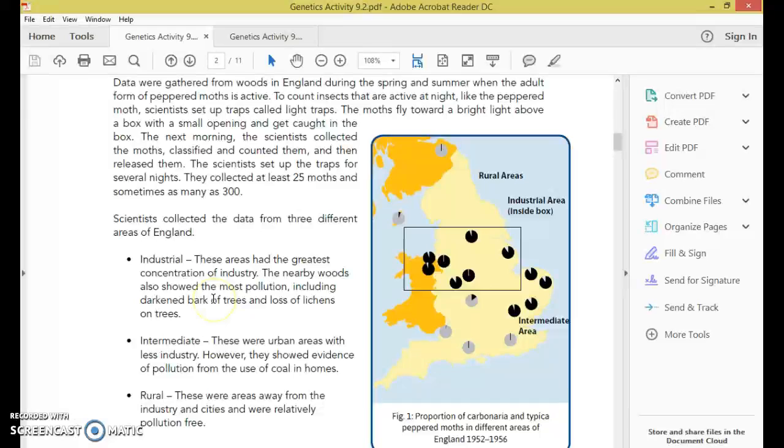And then on your making sense side, I'm hoping that you recognize that pollution might have something to do with the differences in where each type of moth is found. So you don't have to have those exact words, but something close to that.